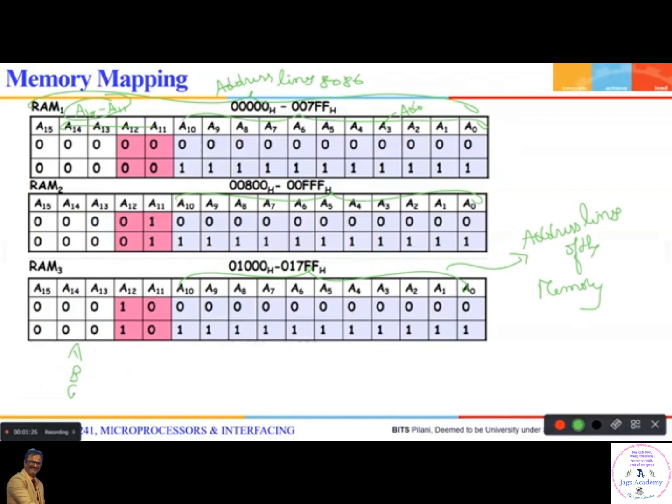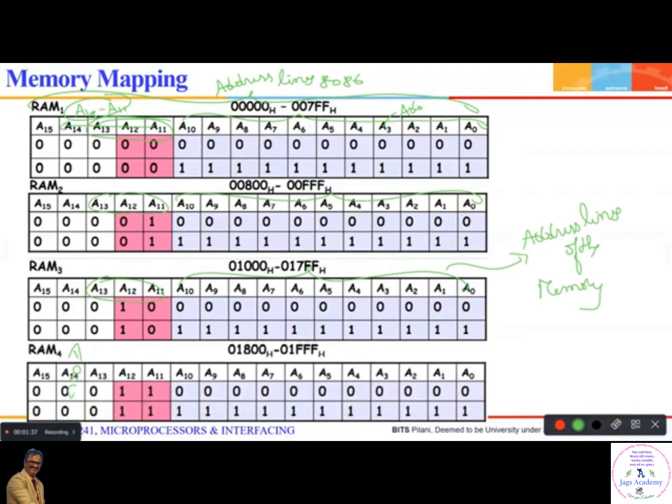You know that A11, A12, A13 is 000 for RAM 1, 001 for RAM 2, 010 for RAM 3, and 011 for RAM 4. It is unique. But you have only 4 RAMs over there.